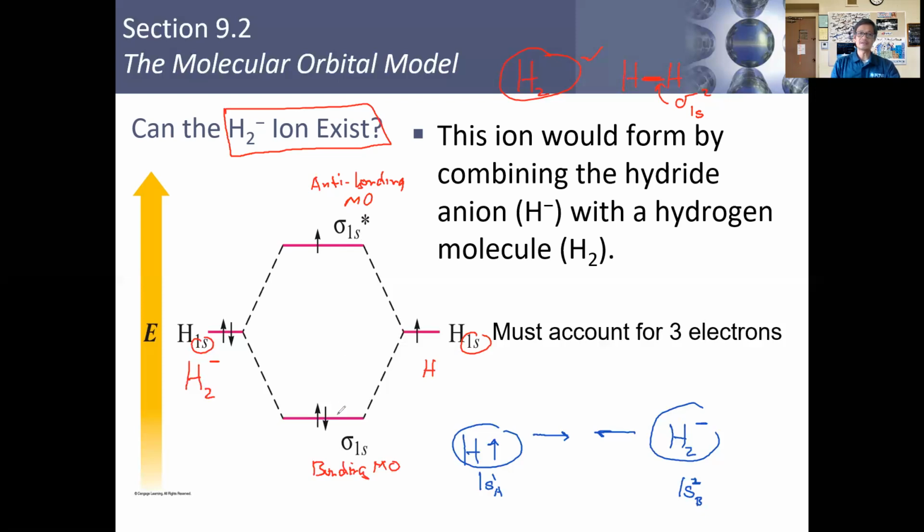If we want to write out the electron configuration for this ion, using the symbols we use for this, it would be sigma 1s 2, sigma star 1s 1.